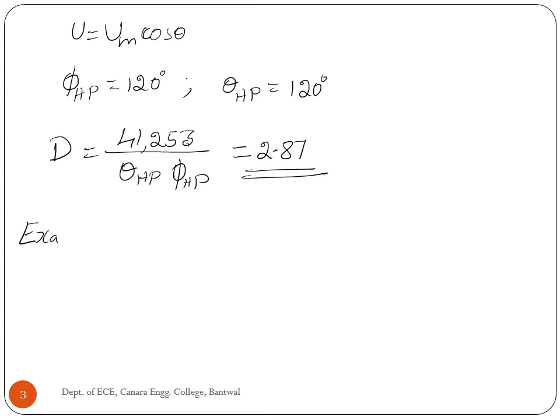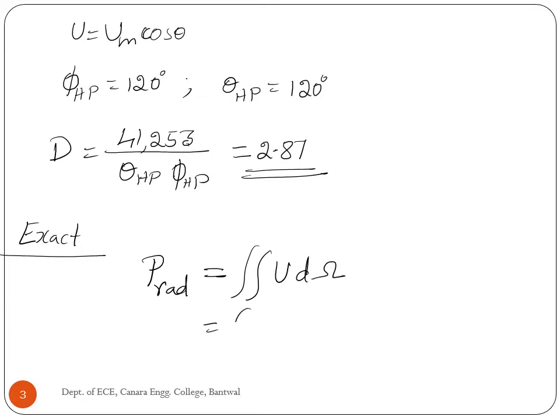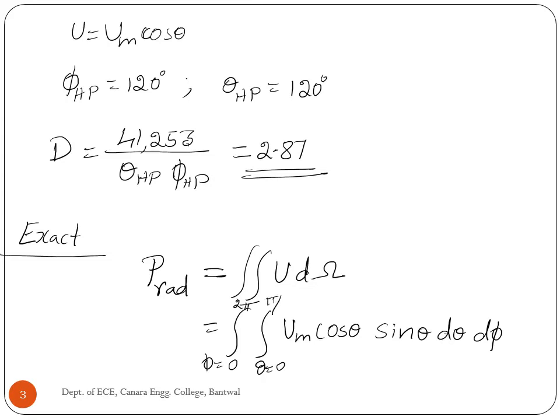To find the exact directivity, first find the radiated power, which is equal to the integral of U d omega. U is the given pattern, that is Um cos theta, and d omega is sin theta d theta d phi, where phi is 0 to 2 pi and theta is 0 to pi by 2.